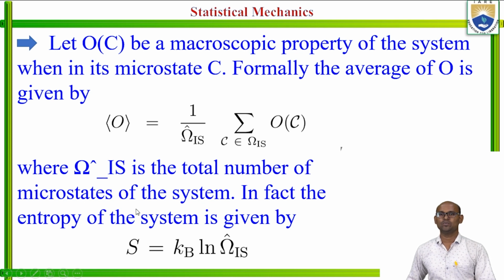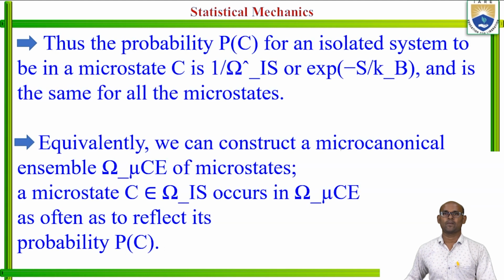And in fact, the entropy of the system is given by k_B log omega IS, where k_B is the Boltzmann constant and omega IS is the total number of microstates of this isolated system. Thus, the probability P of C for an isolated system to be in a microstate C is 1 over omega IS, because all the microstates are equally probable and omega IS is the total number of microstates.